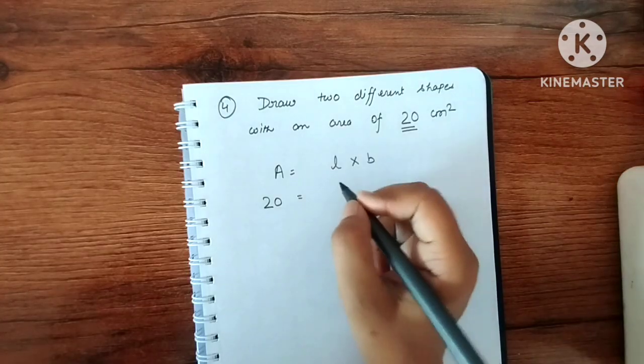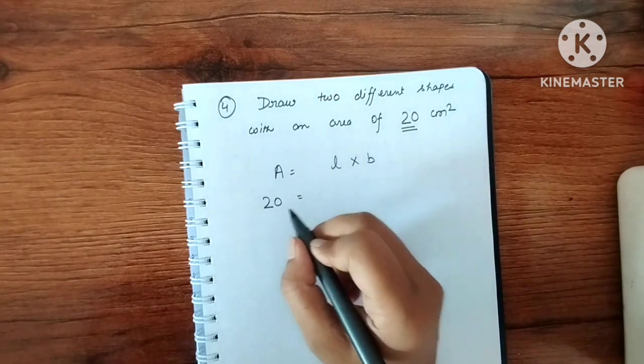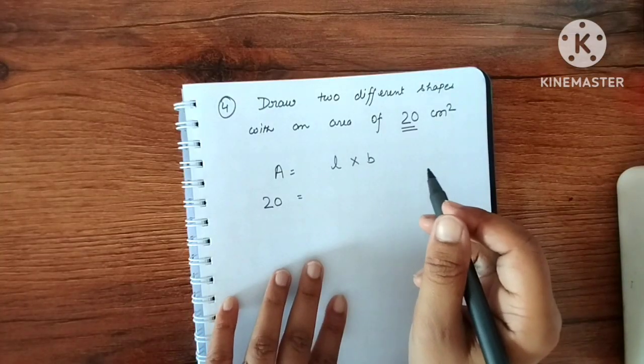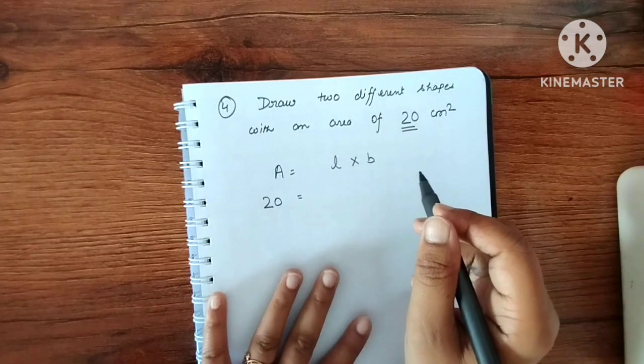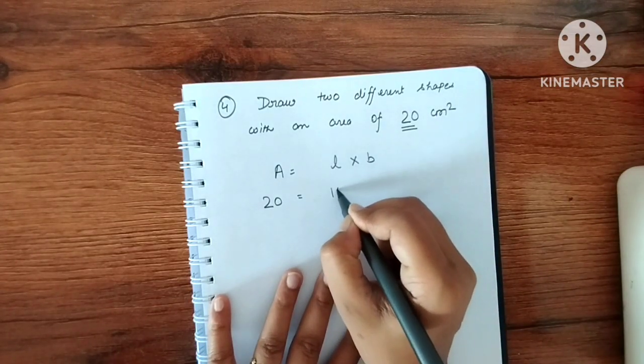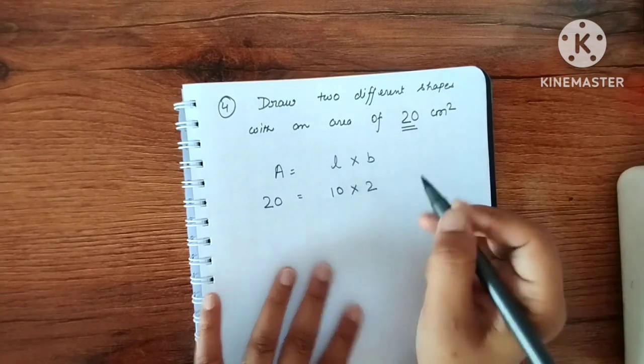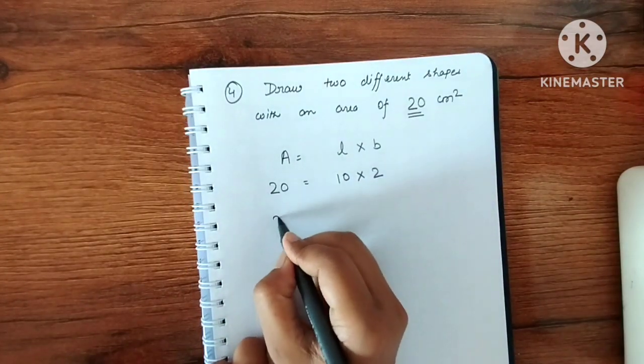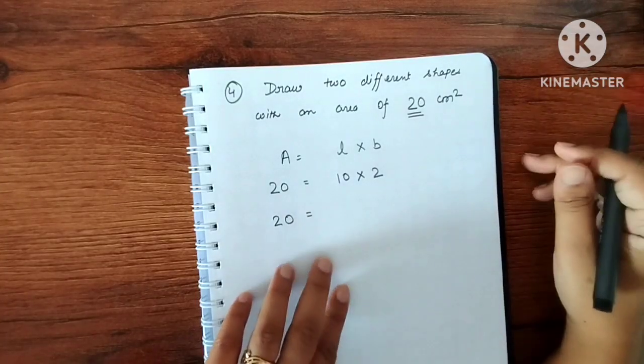So again you need to think of L and B. Which 2 numbers, if you multiply, can you get 20? Think, 10 2s are 20. Right? And think again.